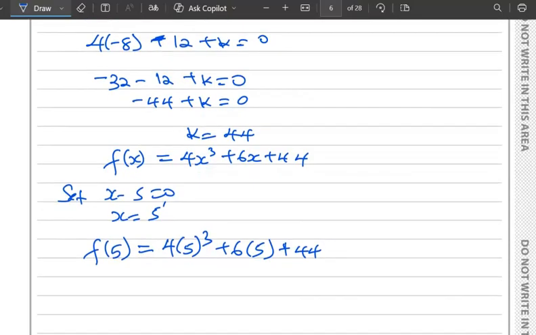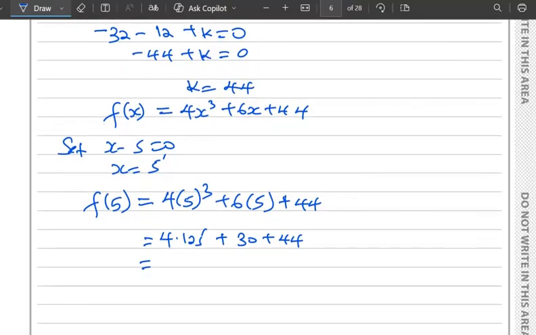So simplifying further, 5 power 3 is 125. So this is the same as 4 times 125 plus 30 plus 44. So this is the same as 500 plus 30 plus 44, and this gives you 574 as the remainder. So this is the solution for Roman 1.